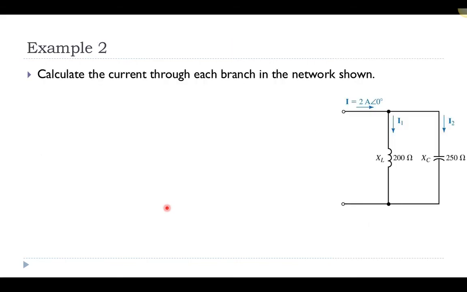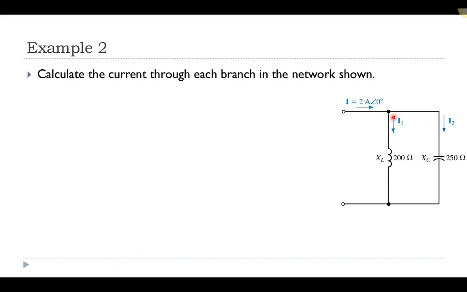So just as a quick example, let's consider two impedance values that are connected in parallel that just have inductance and capacitance. I have an inductor that has a reactance of 200 and a capacitor that has a reactance of 250, and I have current entering the circuit, and that current is 2 amps.